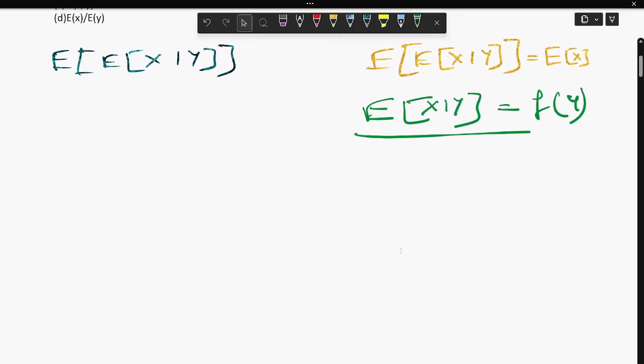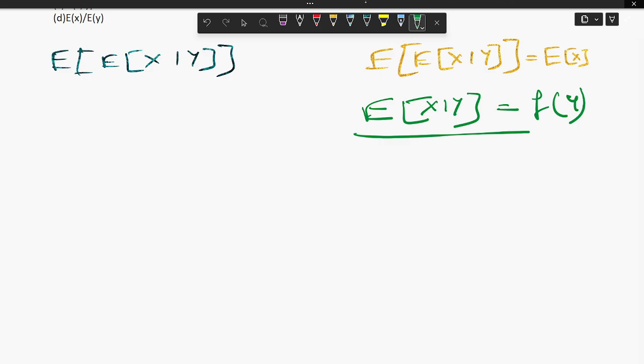Okay, so how can we prove that? By definition, the conditional expectation of x given y is a random variable that depends on y.